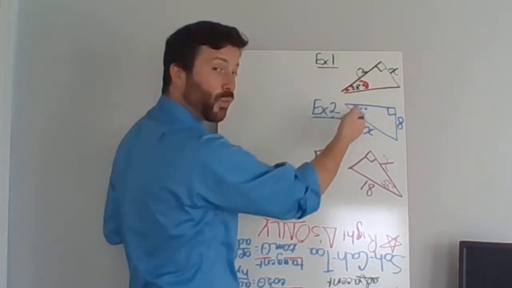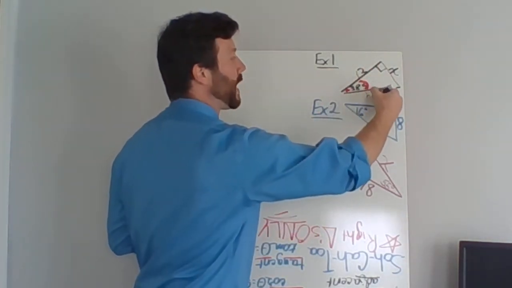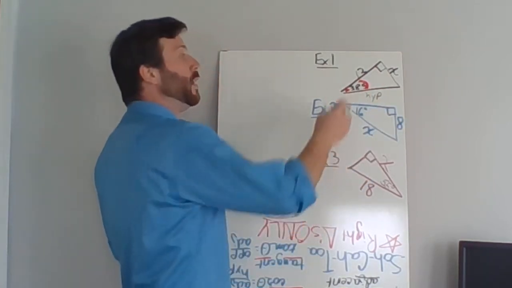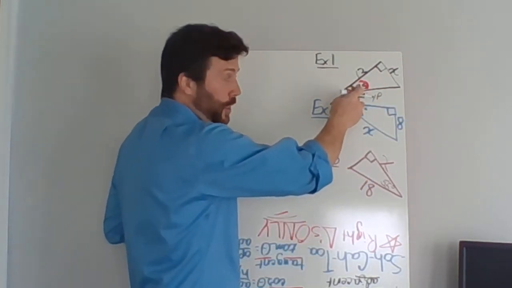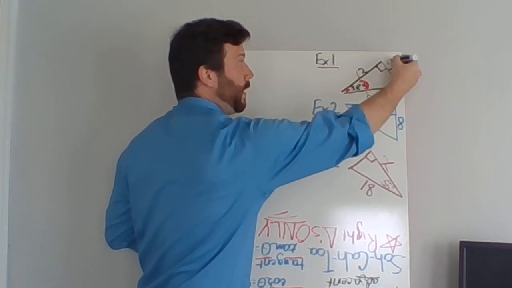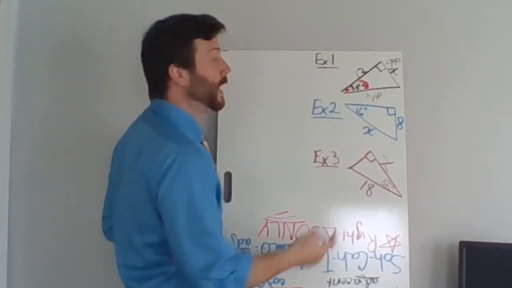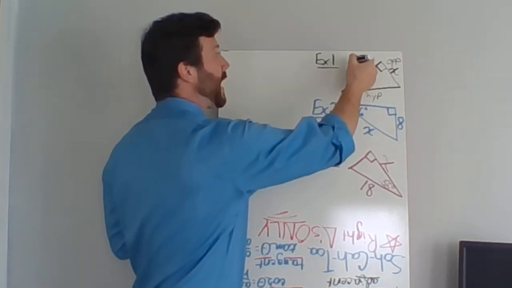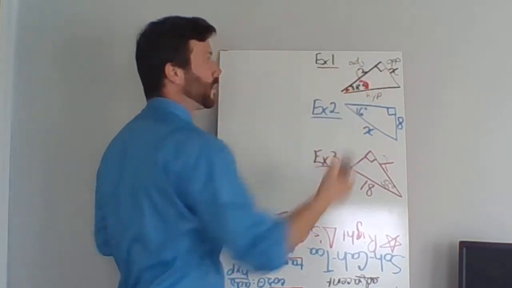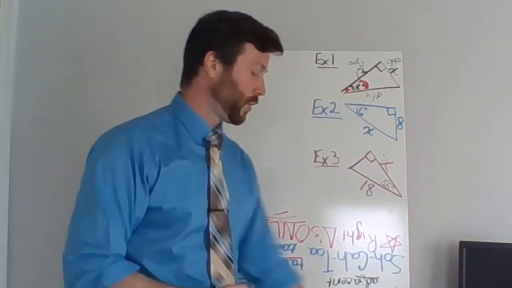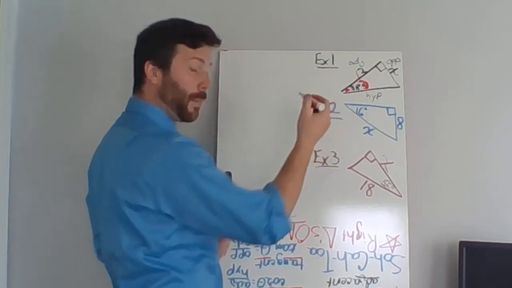Opposite that right angle is always the hypotenuse. Opposite the angle in question, our theta, is going to be the opposite. And then part of that angle is our adjacent. So I take a look at what parts of the triangle we actually have, and what parts we're looking for.